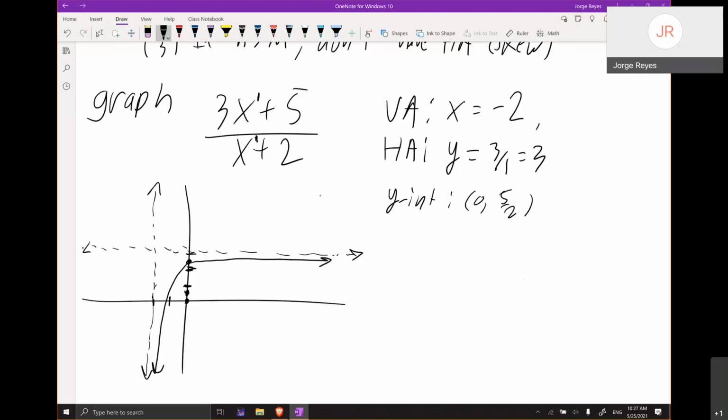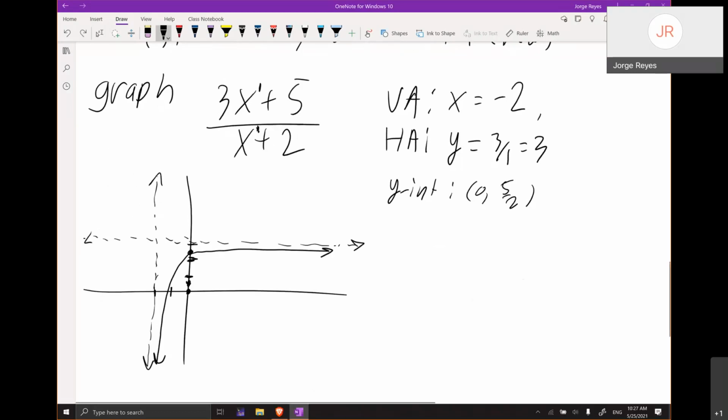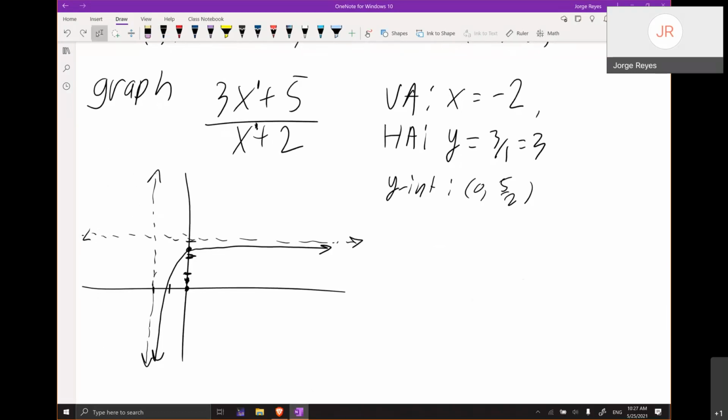Now I need to plug in something to the left to see where I'm going to be. I'm going to plug in x equals -3.